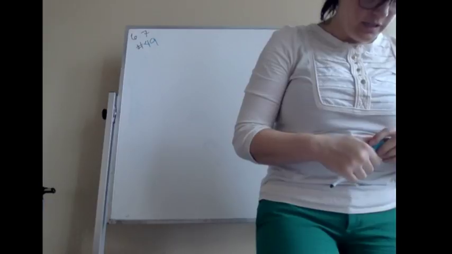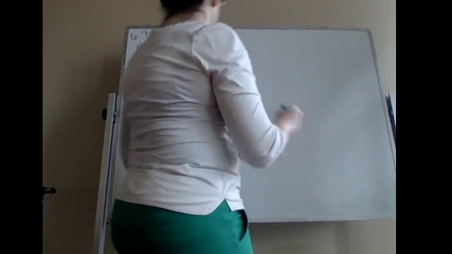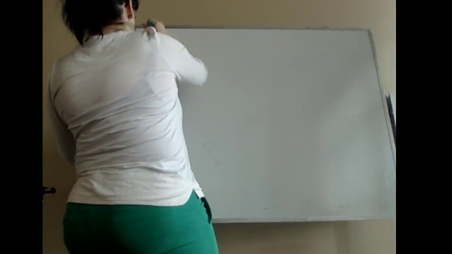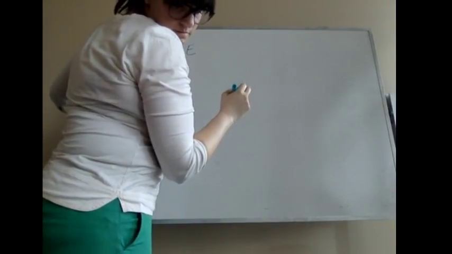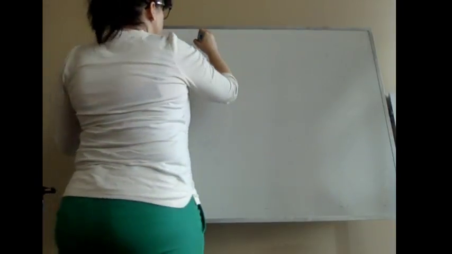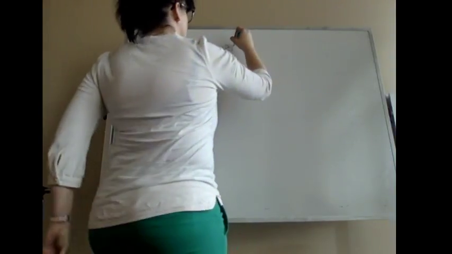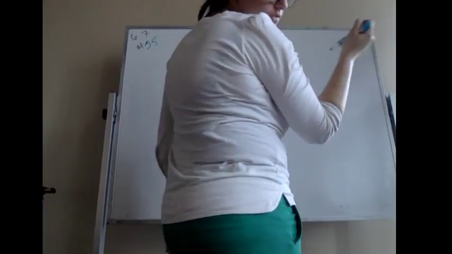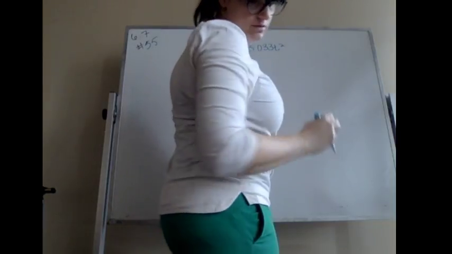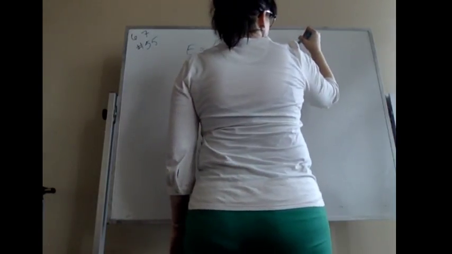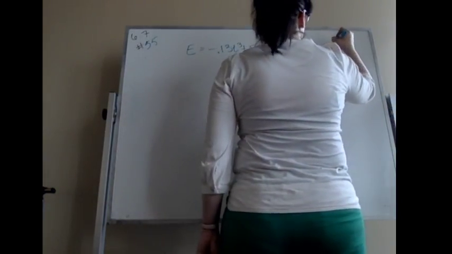For 1980 through 1996, the total exports in billions of the United States can be modeled by E equals negative 0.13 t cubed plus 5.033 t squared minus 23.2 t plus 233.